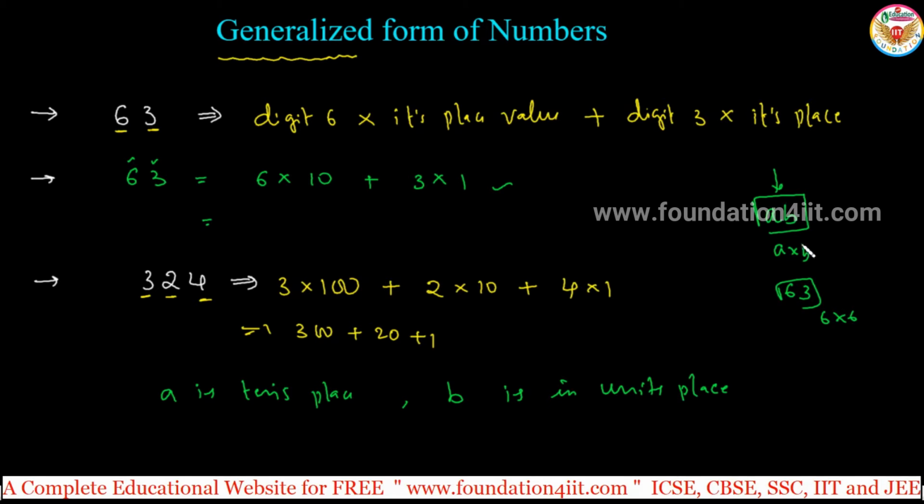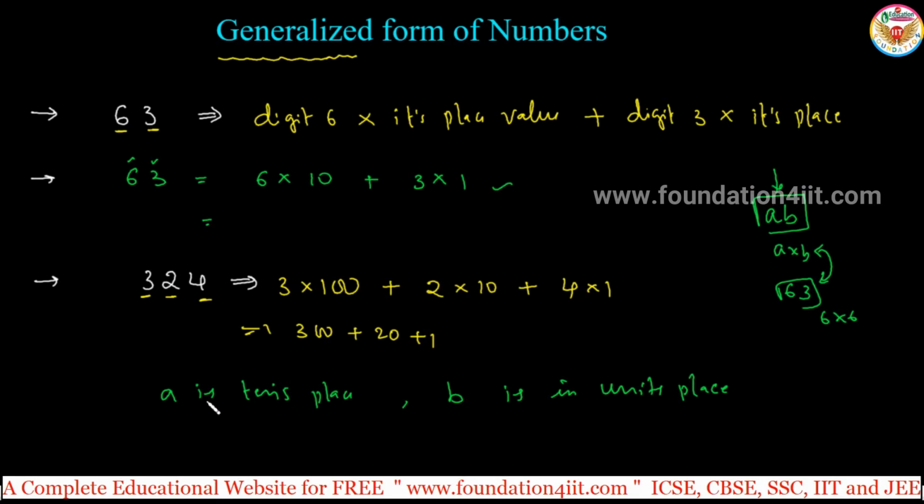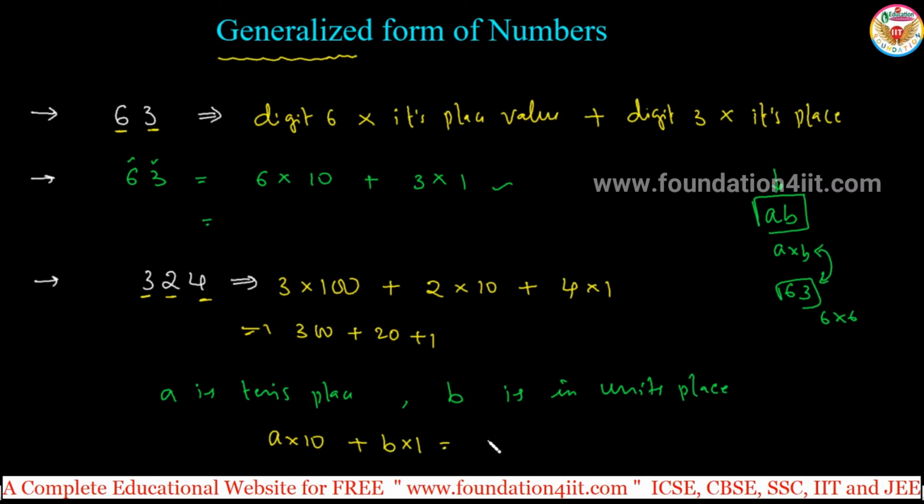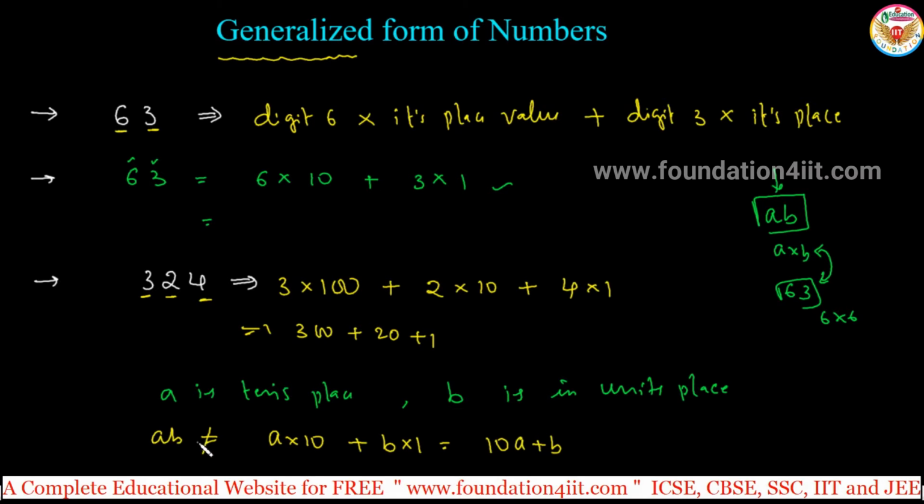So instead of getting confused with the variables and numbers, in playing with numbers, to understand the properties, we generalize it. Now A is in tens place, so A into 10, plus B is in units place, so B into 1. This is 10A plus B. There is no AB here, because AB in algebra and mathematical notation means A is multiplied by B, with no symbol.